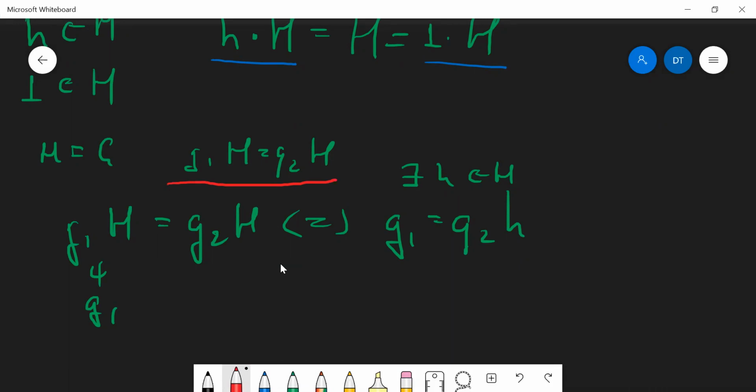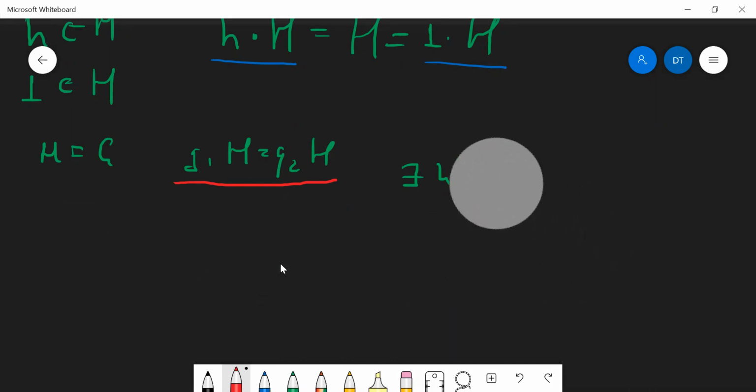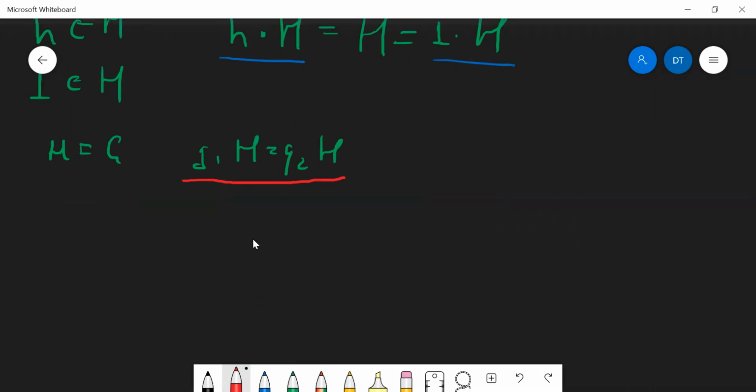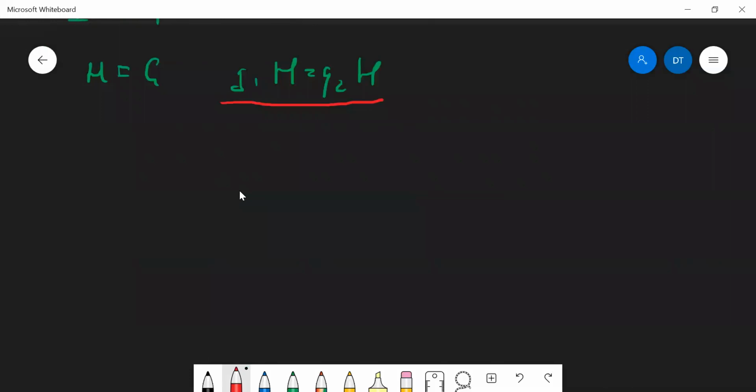Well, okay, let me erase all of this and I will repeat it later. So this simply means that G1G equals G2G. So why is that?